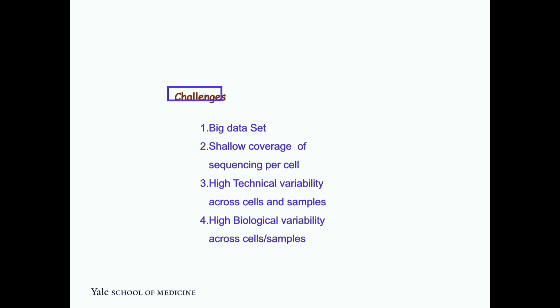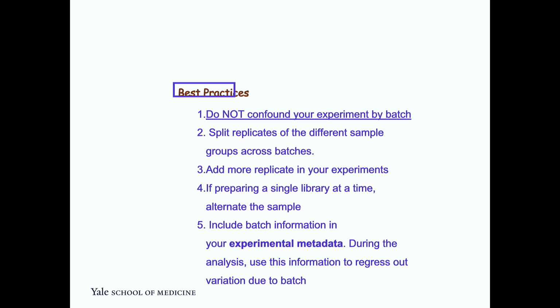And because you are shallow sequencing, and each cell has its own variability, the technical variability as well as the biological variability of the data is very high. Okay. So one of the best practices, because of these issues, is do not confound your experiment by batches.